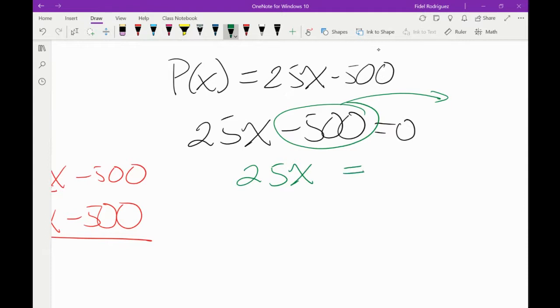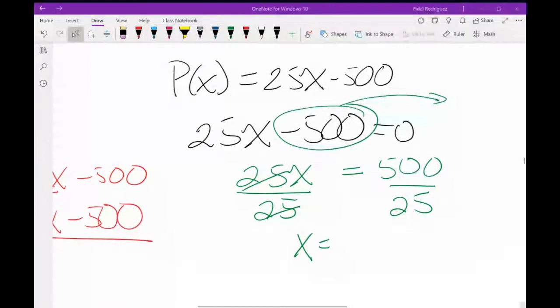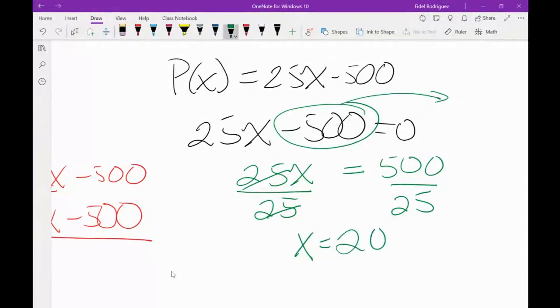When we cross the equal sign, what kind of 500 do we get? It's negative, so it's going to become positive, right? And then we're going to divide both sides by 25. So I'm going to take my calculator, turn it on, clear this. What's 500 divided by 25? And I'm coming up with 20.